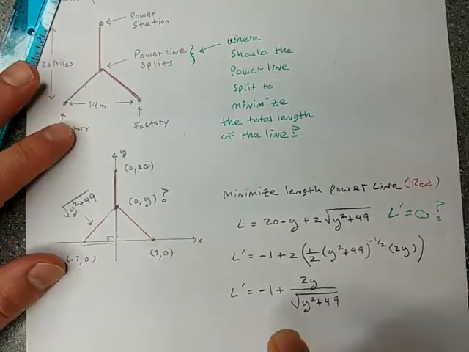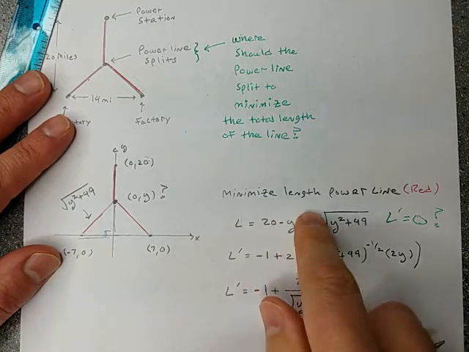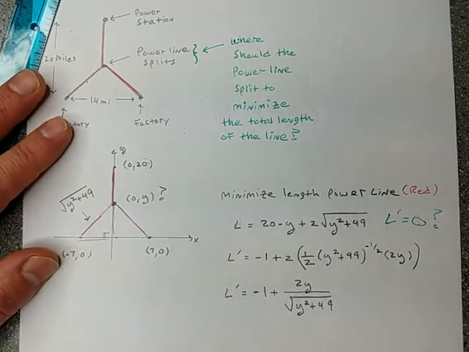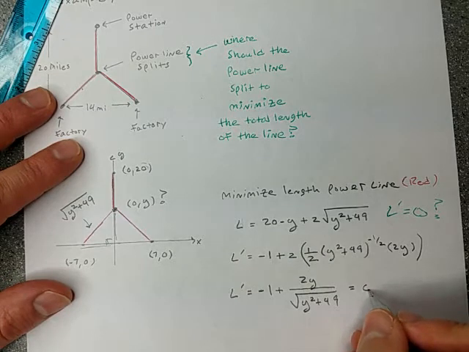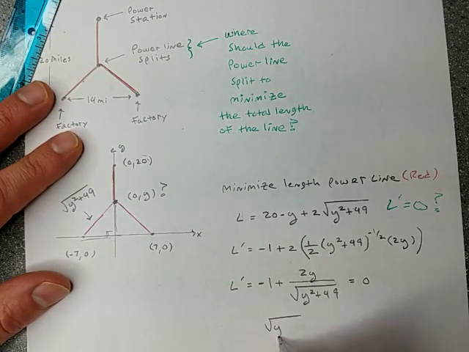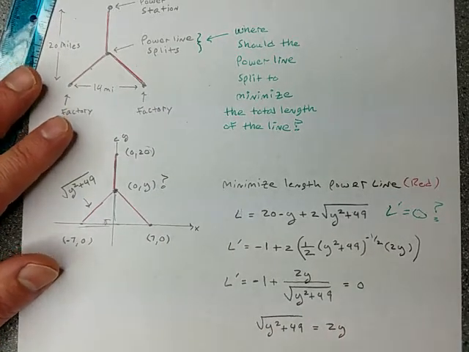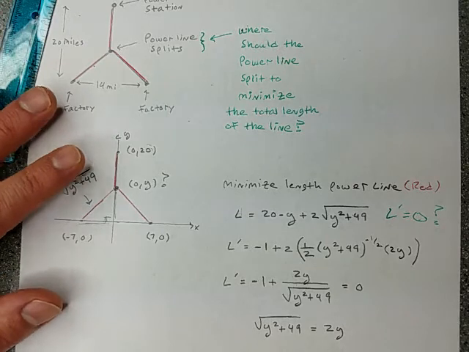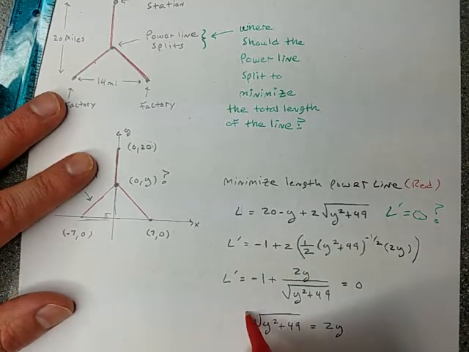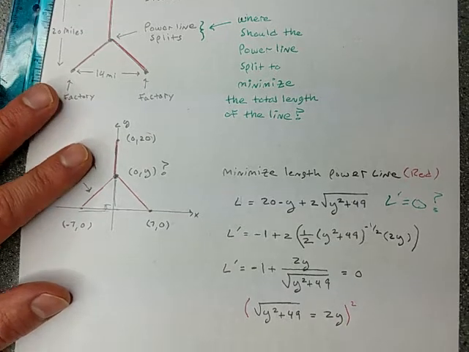Okay, so there's my derivative of the equation, the function that gives you the length of power line in our schematic. I said equal to 0. If I do that, I'll get root y squared plus 49 equals 2y, which I just get from a little bit of cross multiplying. Okay. Then from here, as a means to solving the equation, I'll square both sides.